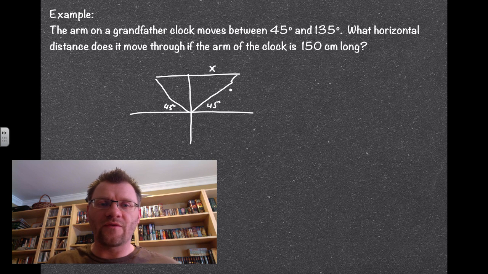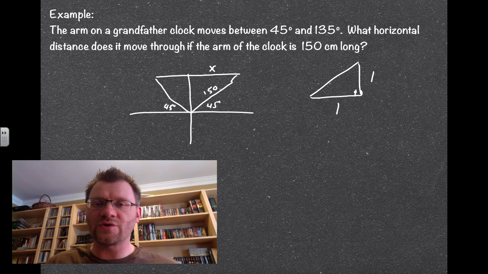What I've got here is a 45, 45, 90 triangle, and I know that the length of the arm is 150 centimeters. In a 45, 45, 90 triangle, these two sides have a ratio of 1 to 1, and this side is root 2 times bigger. So now that I have the hypotenuse, these two sides are root 2 times smaller.